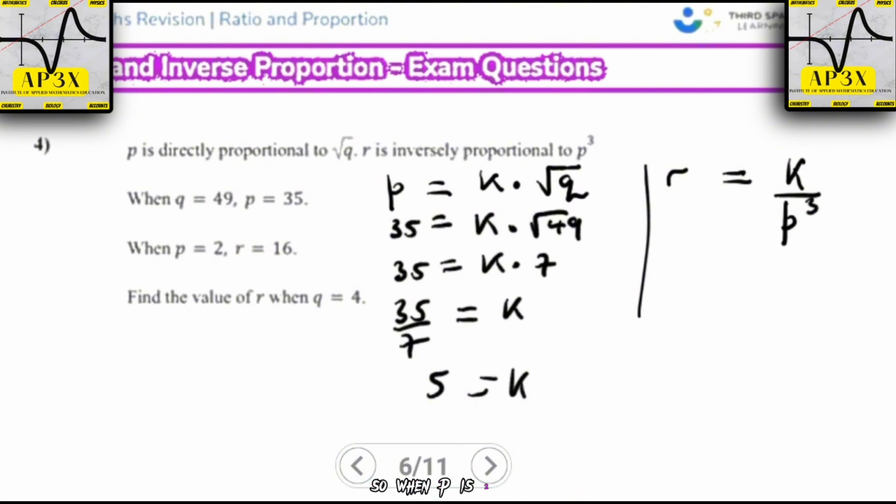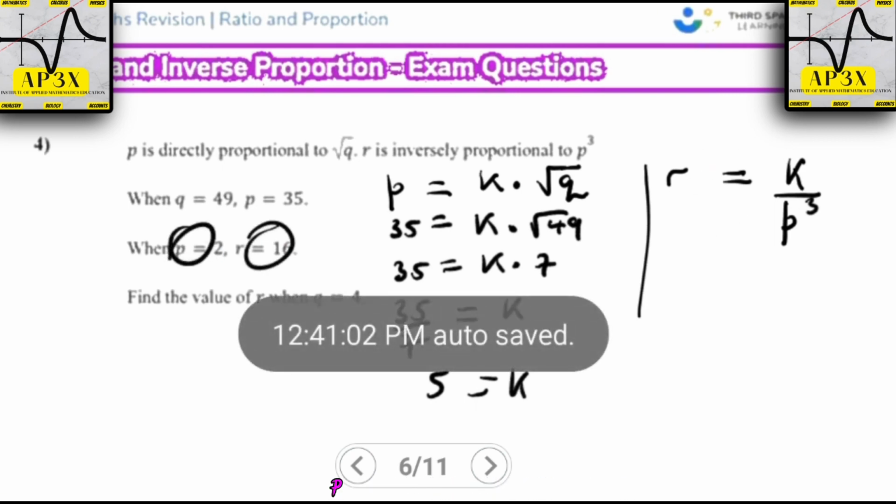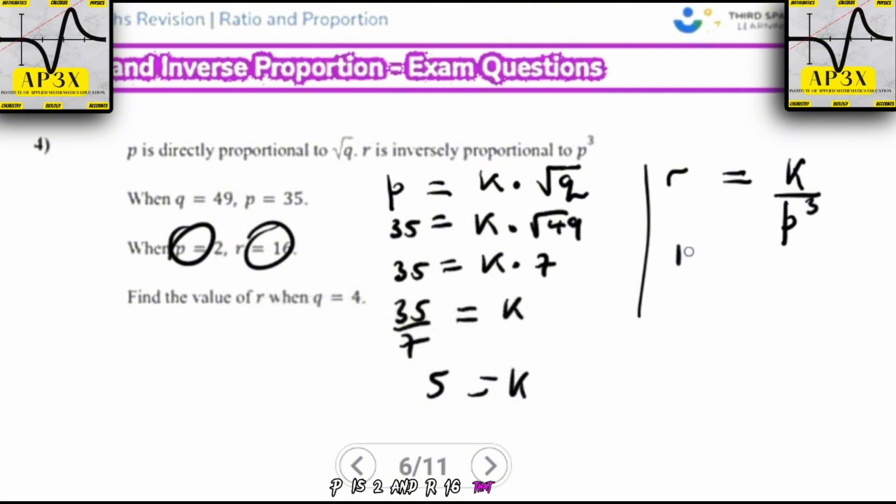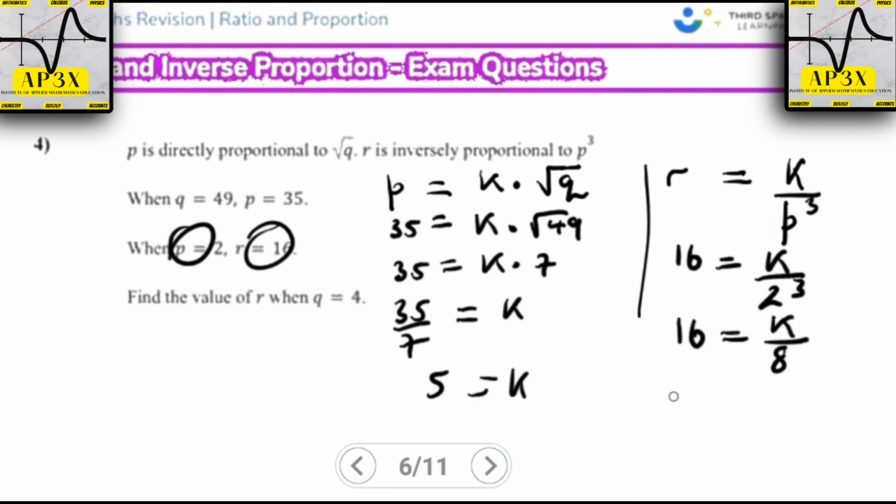You are to find K when P is 2 and R is 16. So let's go over here. We're looking at P and R. So P is 2 and R is 16. So 16 is equal to K, which is unknown, divided by P, which is 2. So that's 2 cubed. We're looking at 16 is equal to K divided by 8.